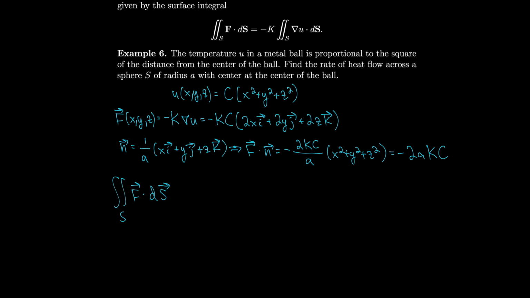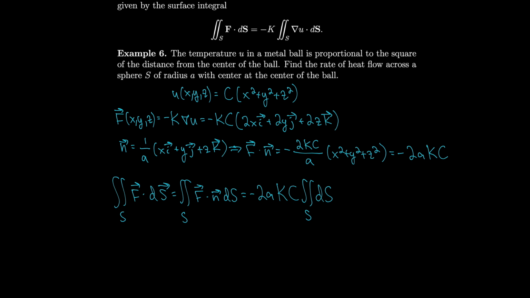will be equal to the surface integral, by definition, of F dot n dS, which is minus 2a KC times the surface integral dS, because this entire thing is constant, so we can just pull it all out.